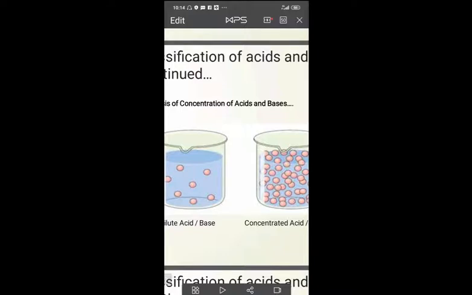Then, Pravir, you say me, dear. Ma'am, concentrated acids have a high amount of acid molecules per liter, and the dilute ones have lower. Dilute one means a low percentage of acid particles. Understood? That only I am going to say.